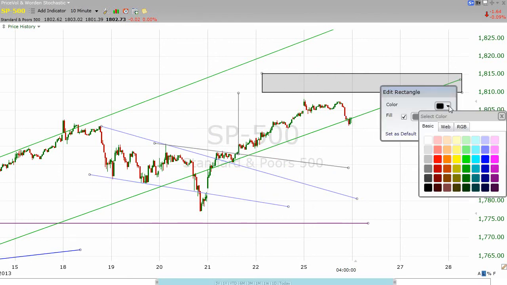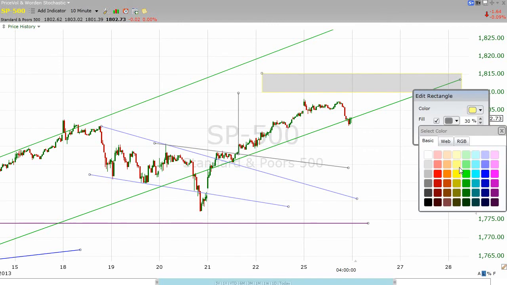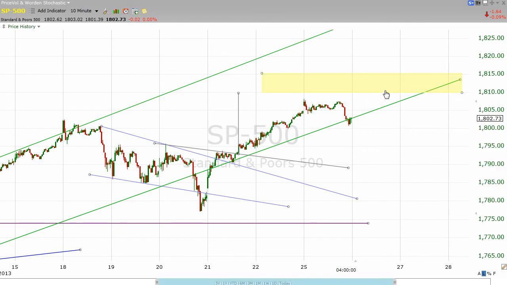So I'm going to make this a little yellow area here, and I want to consider this as being our range. Now, I did not like this break here late in the day today. Let's see what happens tomorrow.